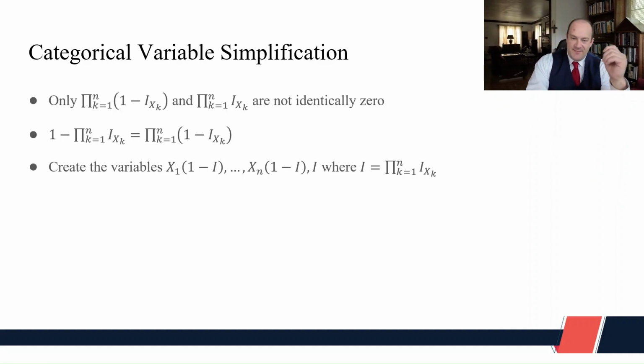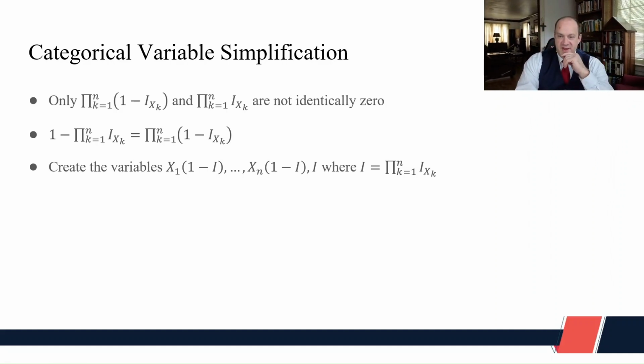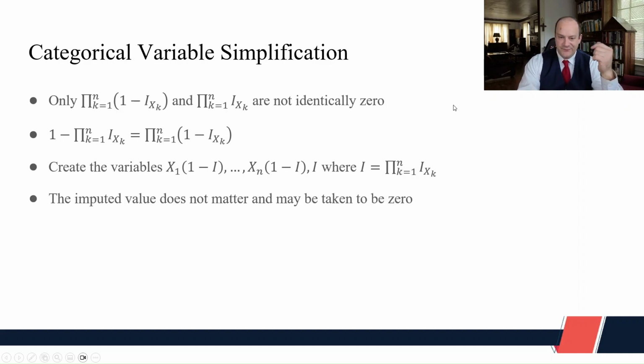And so what that means then is that we can create these variables here, and that will be the totality of what we actually need. And then we have another aha moment. We go, wait a minute. In this particular case, the imputed value doesn't matter and may be taken to be 0.